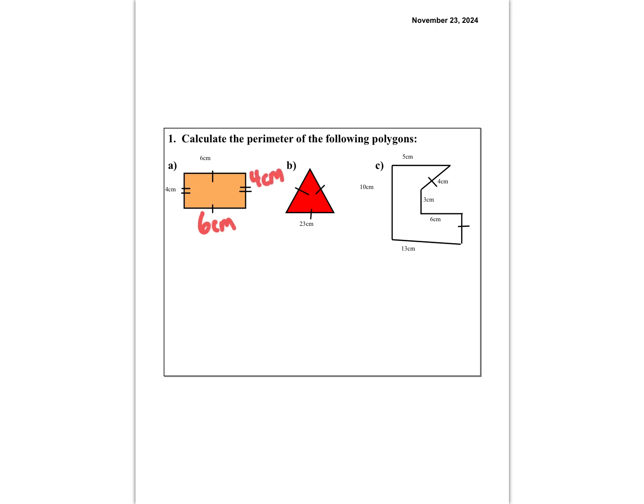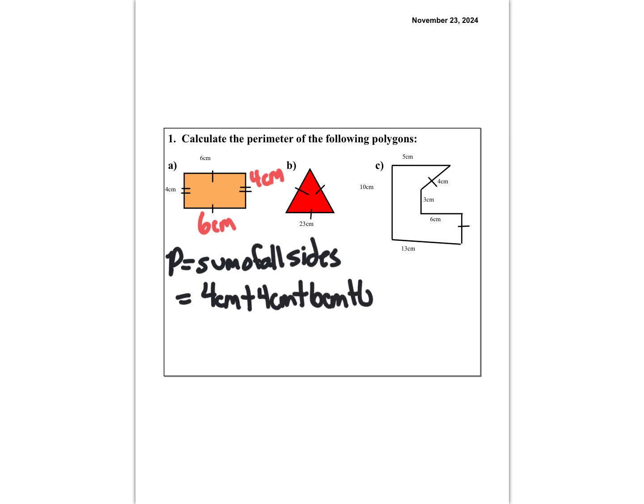So I would again make sure that I write it as P equals sum of all sides. And that would be 4 centimeters plus 4 centimeters, because there's 2 of them, plus 6 centimeters plus 6 centimeters. And that will give me a total of 20 centimeters.